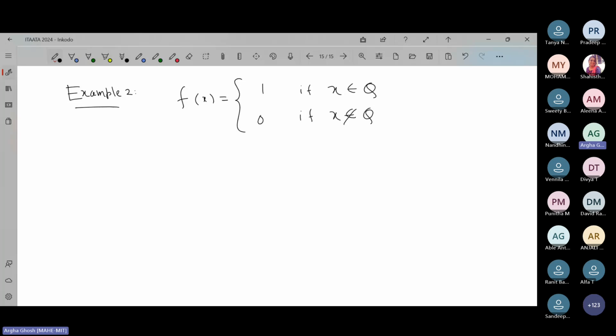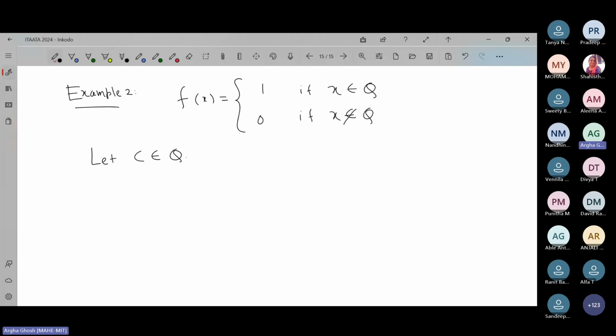Let's say we have a point c from the set of all rational numbers. Now we know that we're always going to have a sequence of irrational numbers that converges to a rational point.